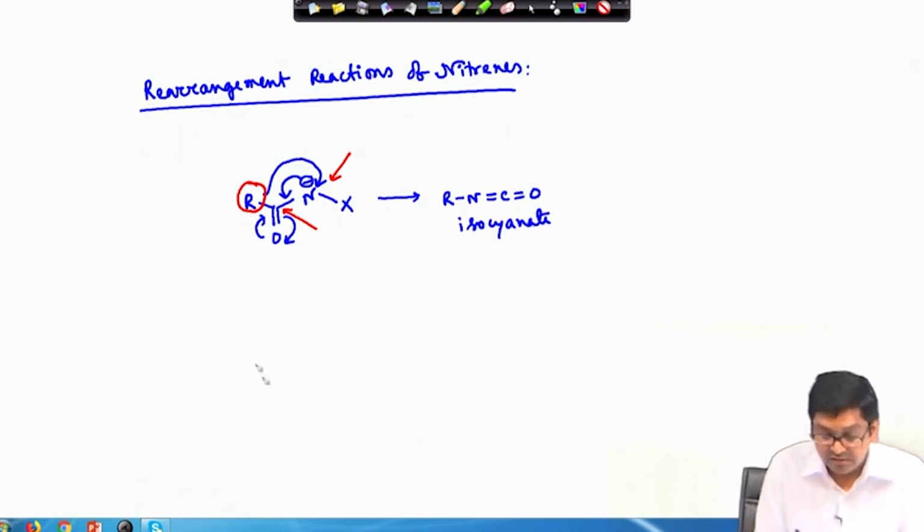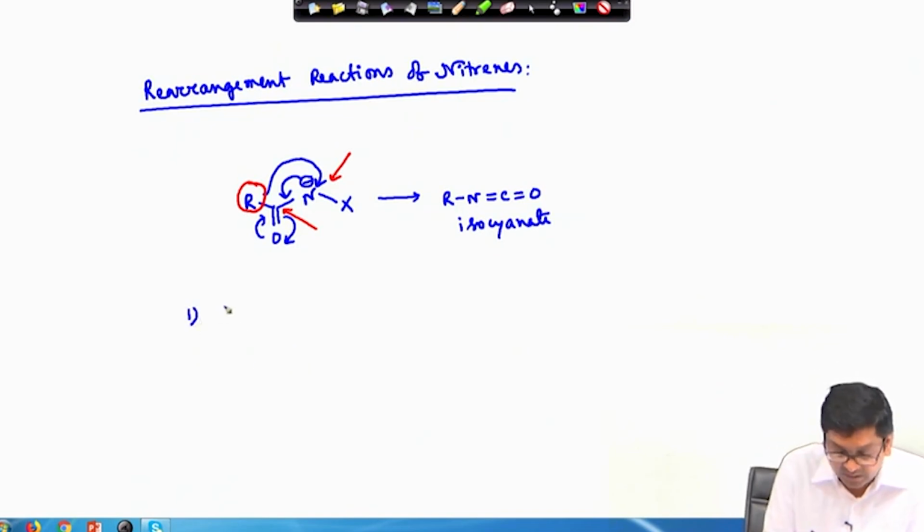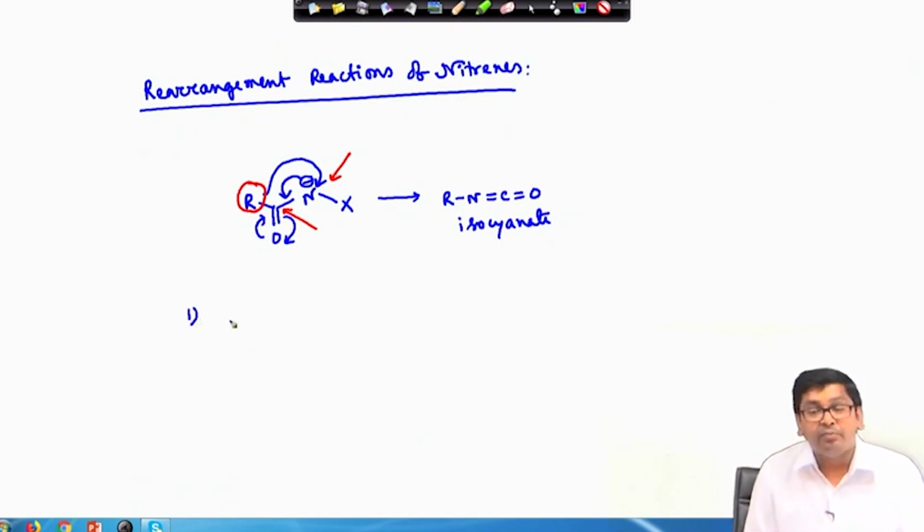For example, there are 4 different types of rearrangement reactions we will discuss today.